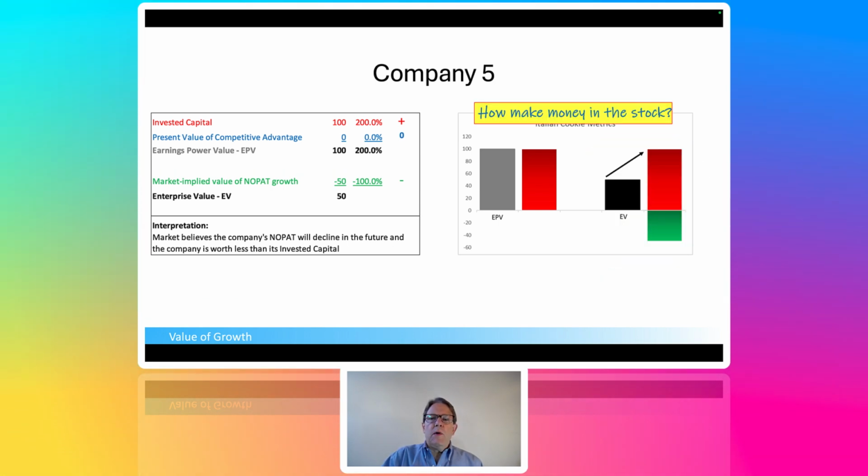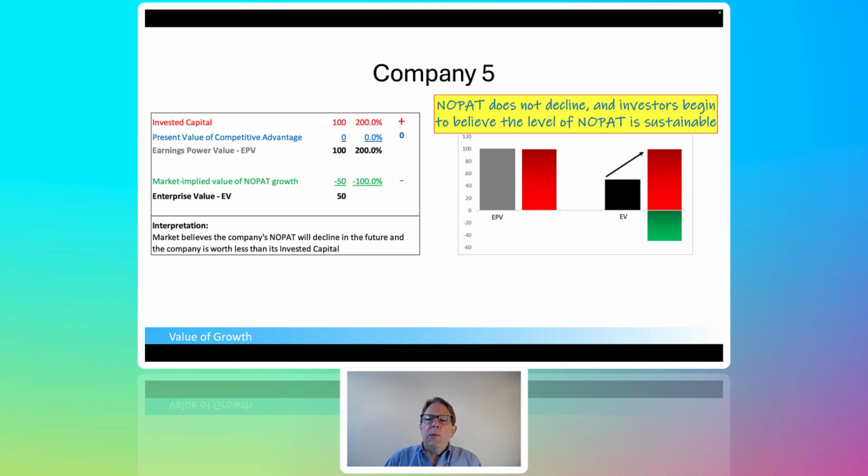And so the question, how do you make money in the stock? The bet here is that the business is going to get worse. That's what's priced in. The business is going to get worse, such that the cash flows, NOPAT, when we capitalize them, are worth less than the invested capital. So either this is a self-liquidating business or an activist is going to come along. But how do you make money in the stock?